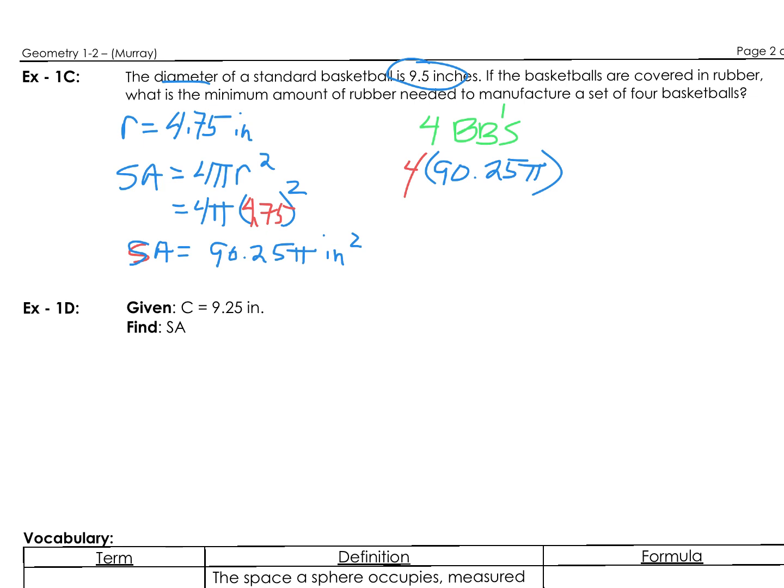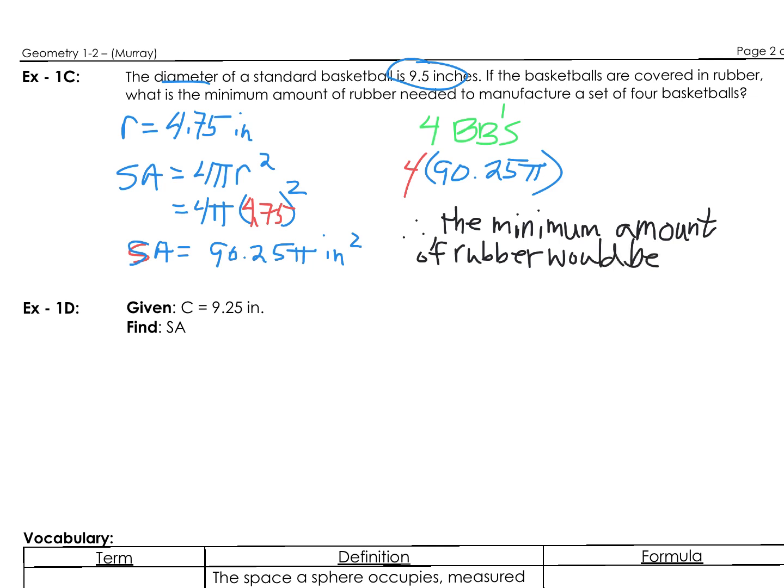And therefore, the minimum amount of rubber would be 361 pi, and that's inches squared.